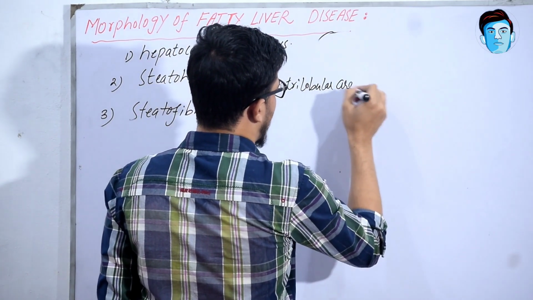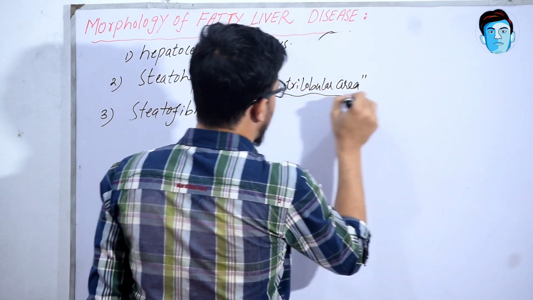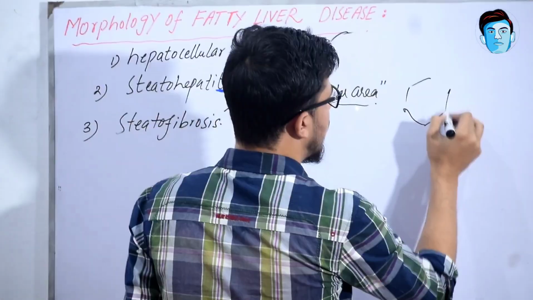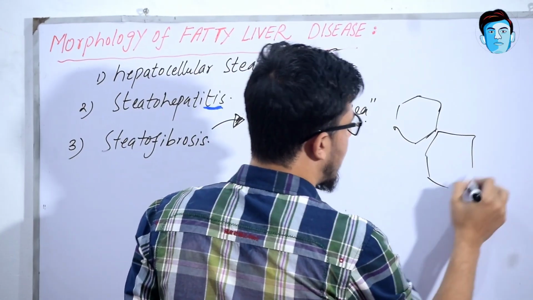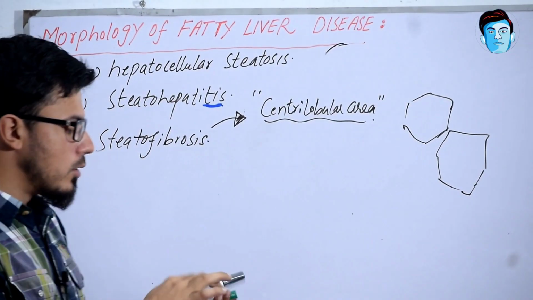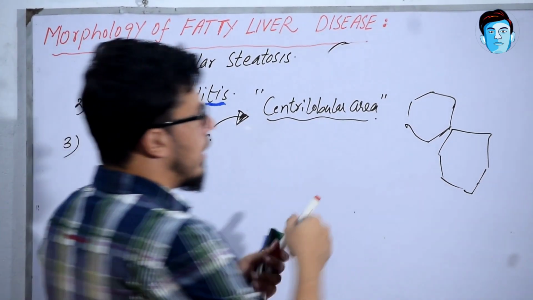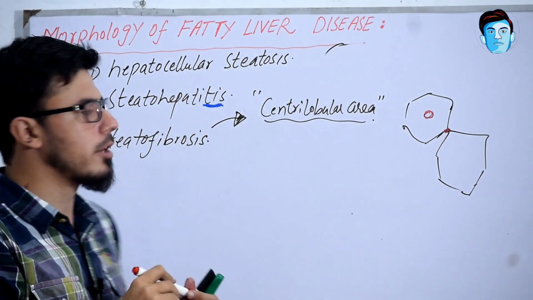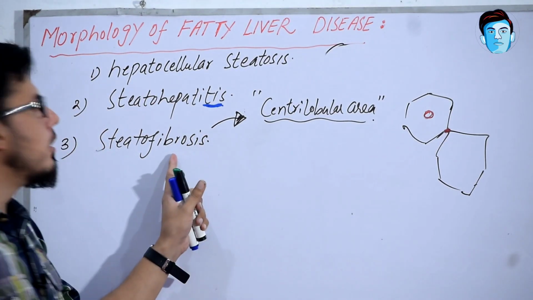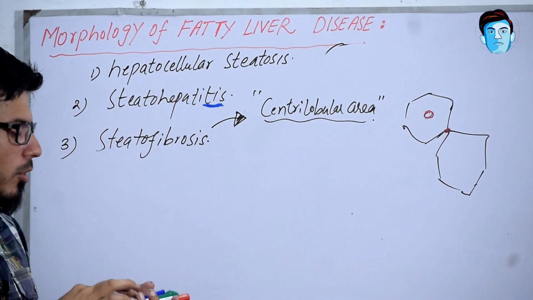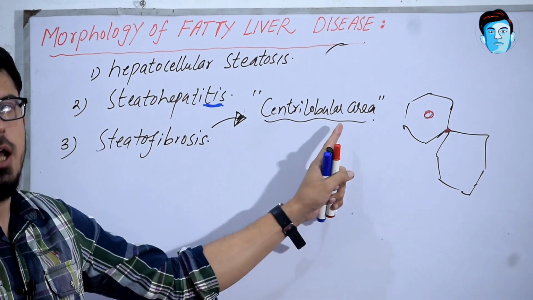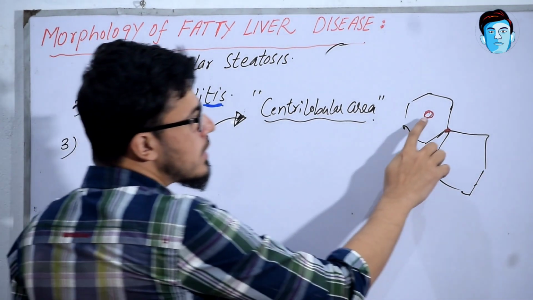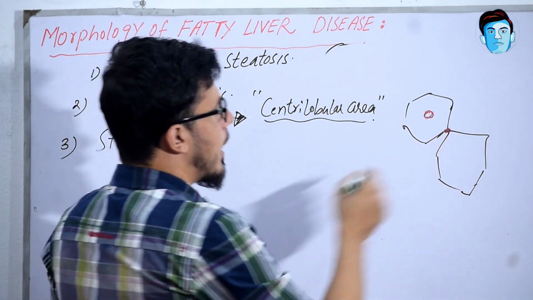Centrilobular area. Now what is the centrilobular area? As we discussed earlier, say this is a hepatic lobule, and this is another hepatic lobule. In the center there will be the hepatic vein, and in the periphery there will be the portal tract or hepatic triad.